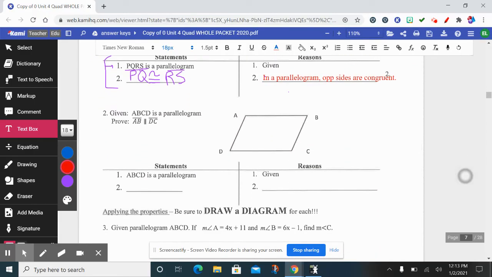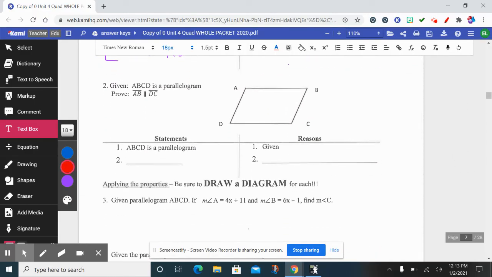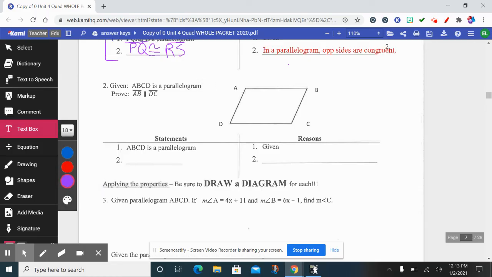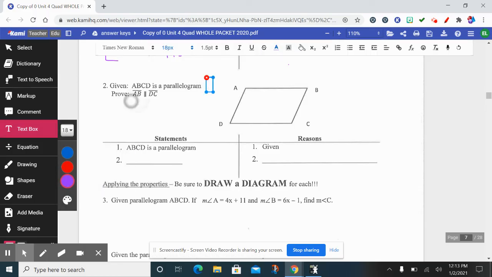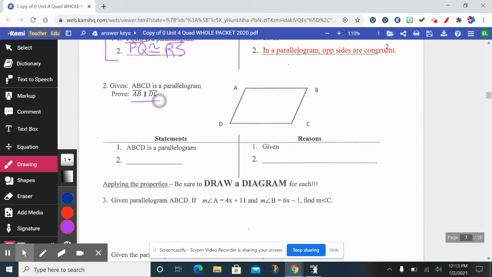Exercise 2, or part 2. Given ABCD is a parallelogram, why would AB be parallel to DC? Well, AB and DC are opposite sides. So what we're going to say here is that we're going to conclude AB is parallel to CD or DC.